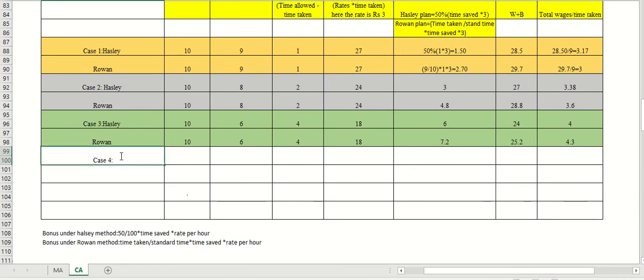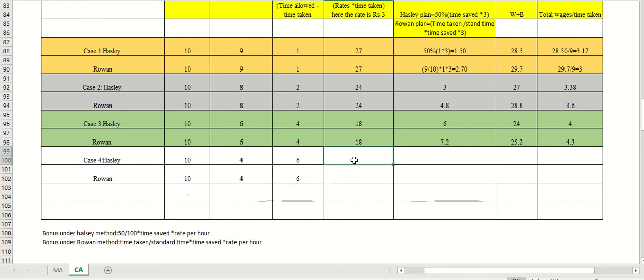So case 4 under the Halsey method and under the Rowan method. Under the Halsey method you have 10 hours. That standard time remains the same irrespective of whichever it is. So your time taken is 4 hours. So your time saved is 10 minus 4, which is 6, and 10 minus 4, which is 6.